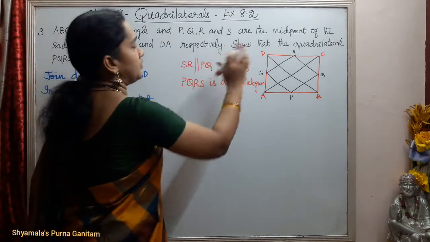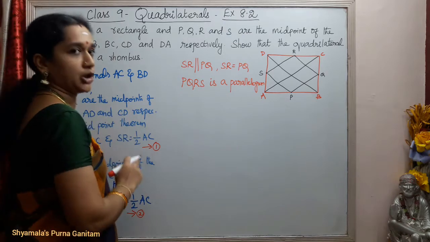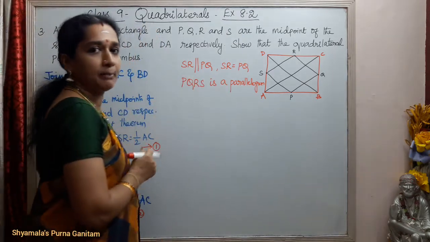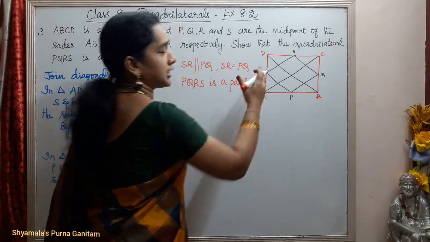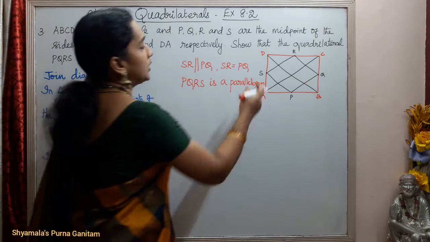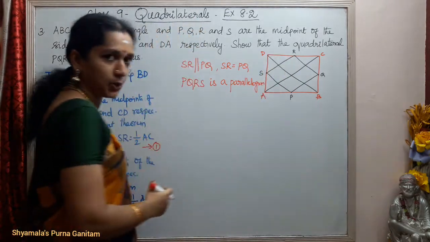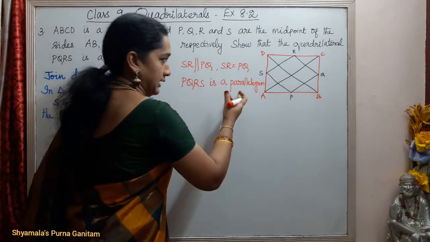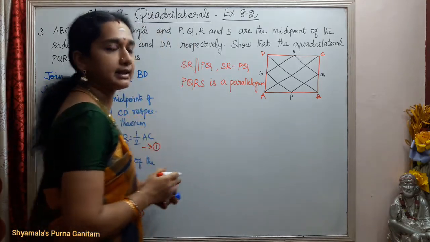But in the question we are asked to show that the quadrilateral PQRS is a rhombus. For proving a rhombus, first we have proved the parallelogram. In this parallelogram, opposite sides are equal, so now we have to prove that the adjacent sides are equal. If the adjacent sides of a parallelogram are equal, we can say that it is a rhombus.